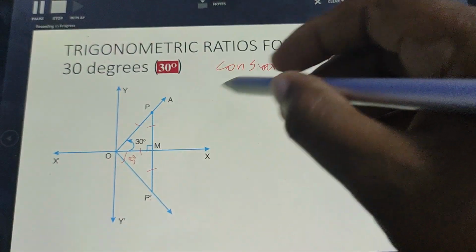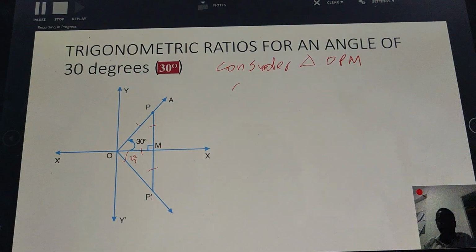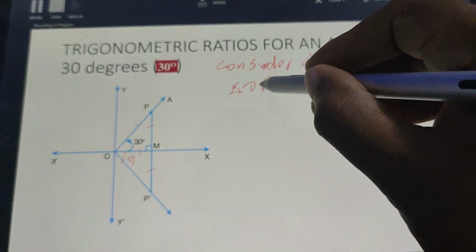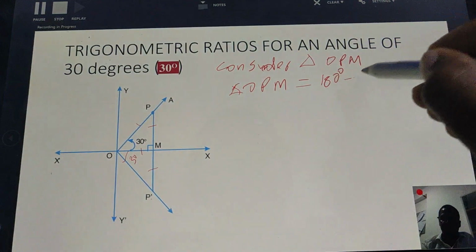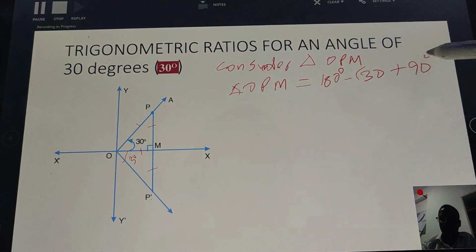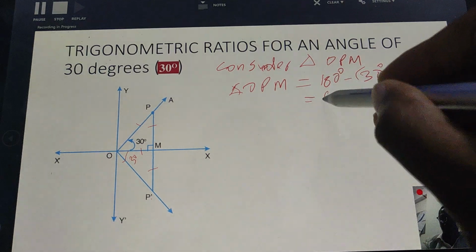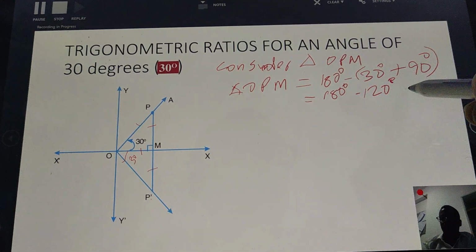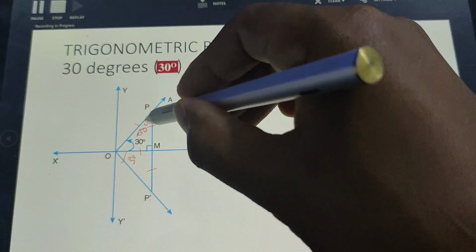If you add all the angles, angle OPM will be equal to 180 degrees minus, in bracket, 30 plus 90 degrees. So this will give you 180 degrees minus 120 degrees, which is equal to 60. That means that angle is 60 degrees.